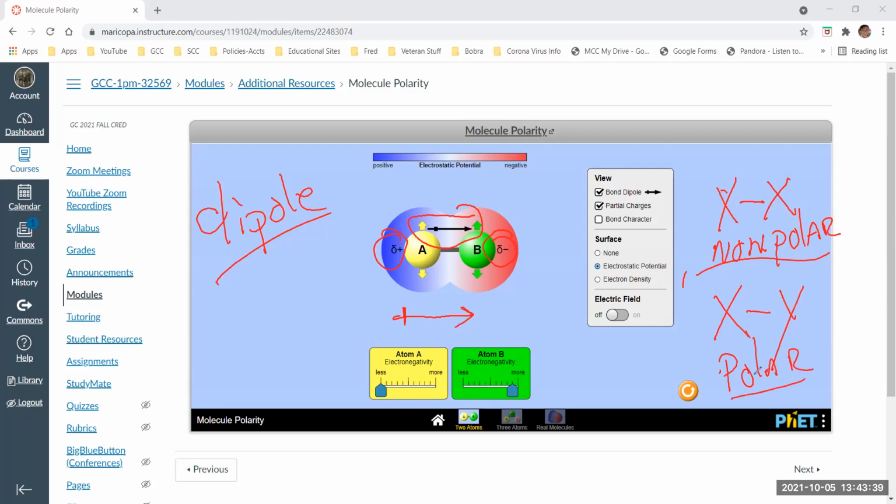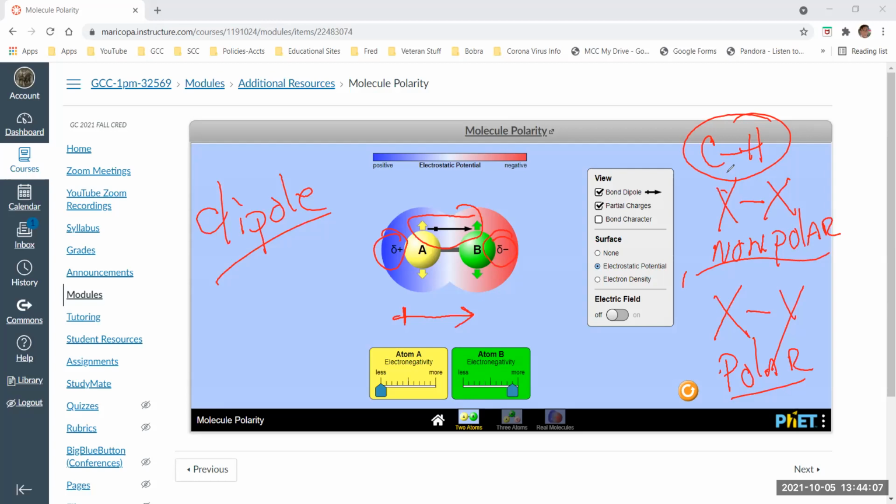It's a polar bond because one or the other has a higher electronegativity, either X or Y. That doesn't make a difference. I'm trying to demonstrate that whenever you have two different atoms, you have a polar bond. There's only one exception. Long-term memory here. Whenever you see a carbon-hydrogen bond, you think, oh, they're different, must be polar. They're not.